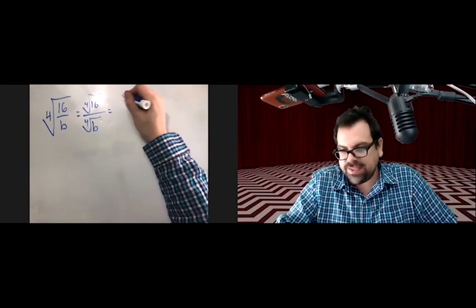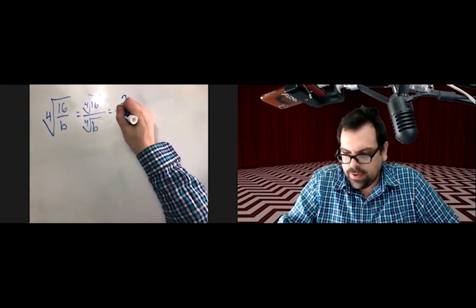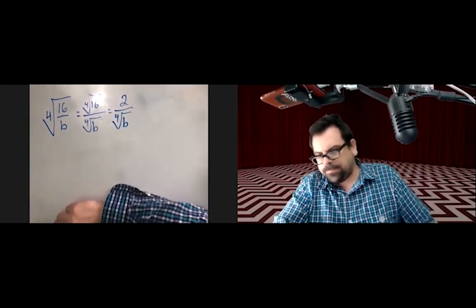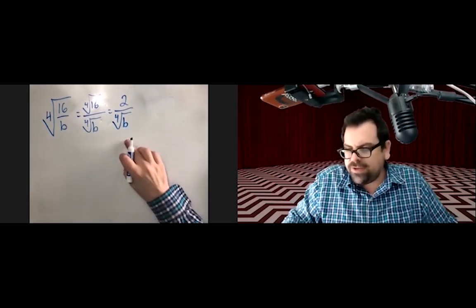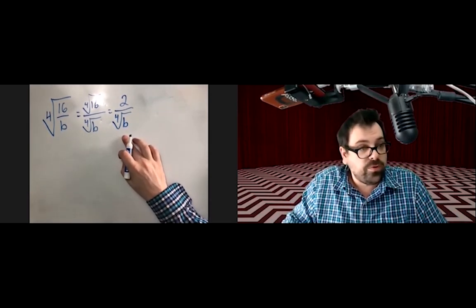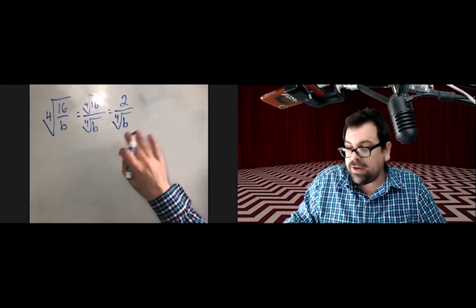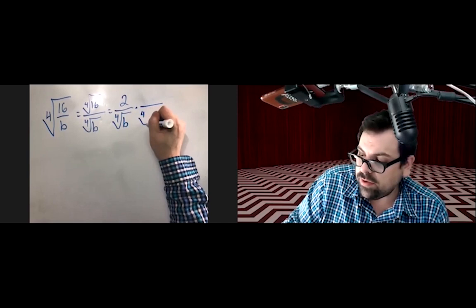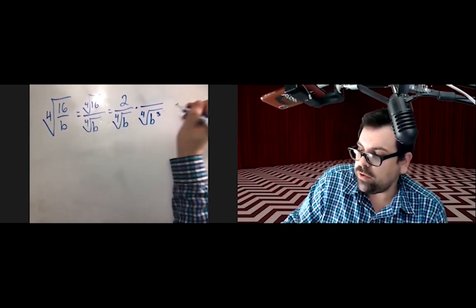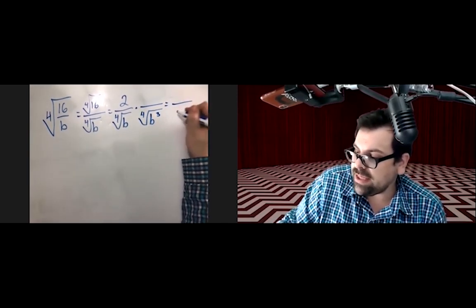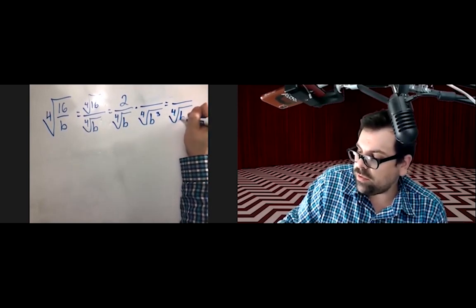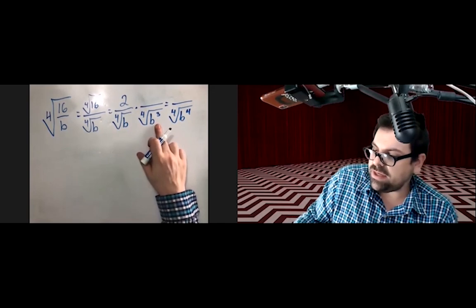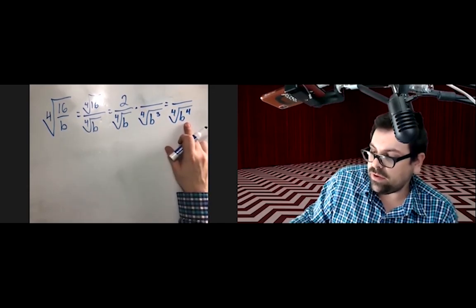And the 4th root of 16 is 2. We need to rationalize to get rid of the 4th root of b on the bottom. How many more would we need? Well, we would need the 4th root of b cubed, because that's what gives us the 4th root of b to the 4th. B times b cubed is b to the 4th.